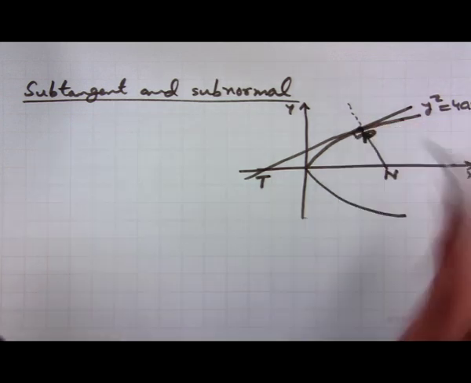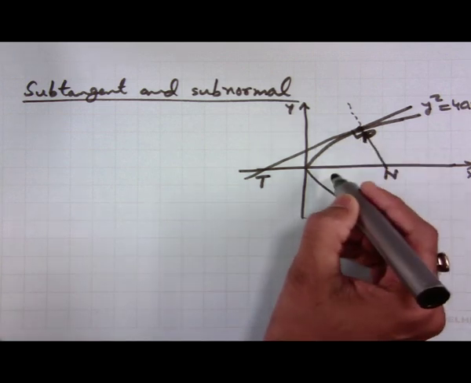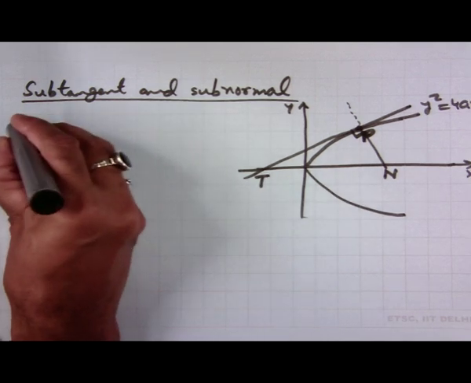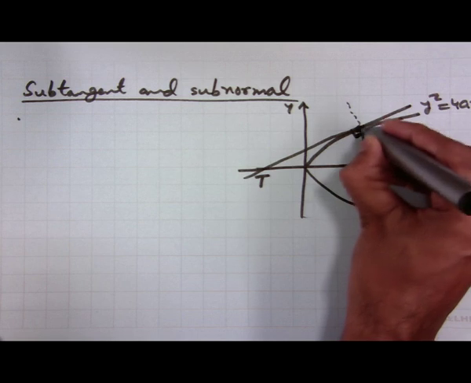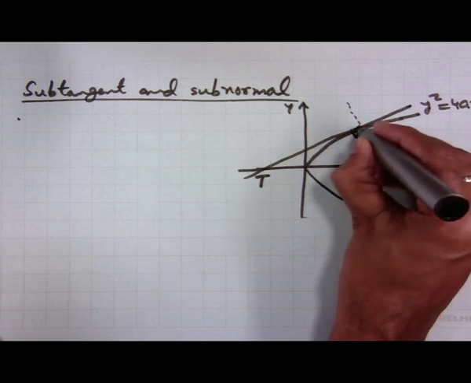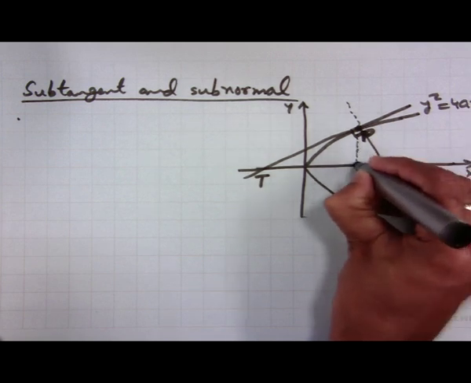This is perpendicular. Then this is PT. Okay. Then we also drop perpendicular from this P to the x axis.